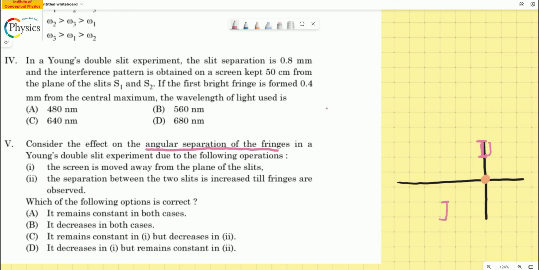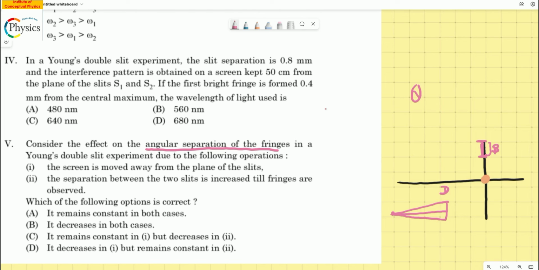So this angle, which is the angle subtended by the fringe, right, is called the angular separation of the fringe. So the angle subtended by the fringe is called the angular separation of the fringe. How do you calculate it? So this is d, right, and this is beta.